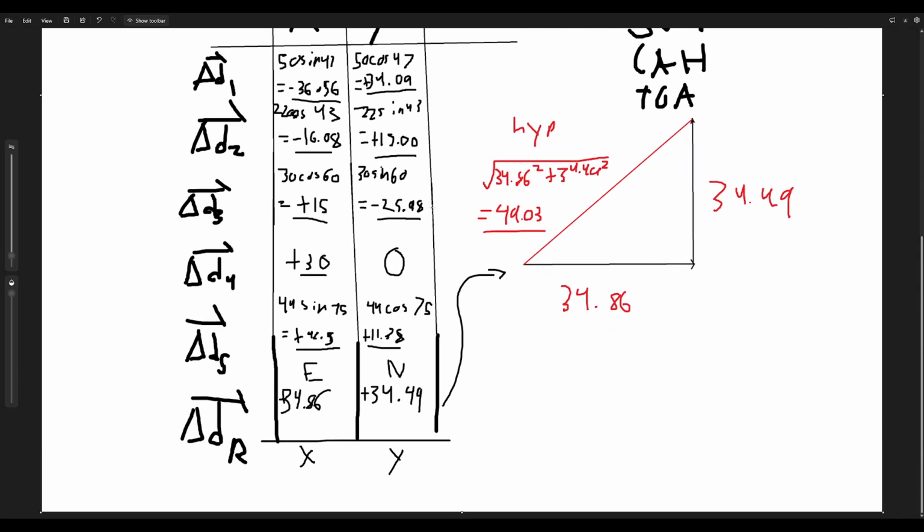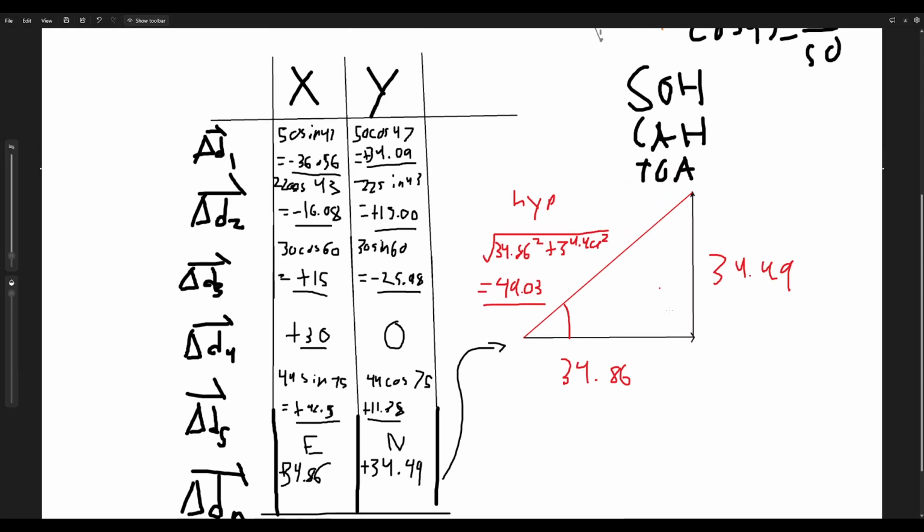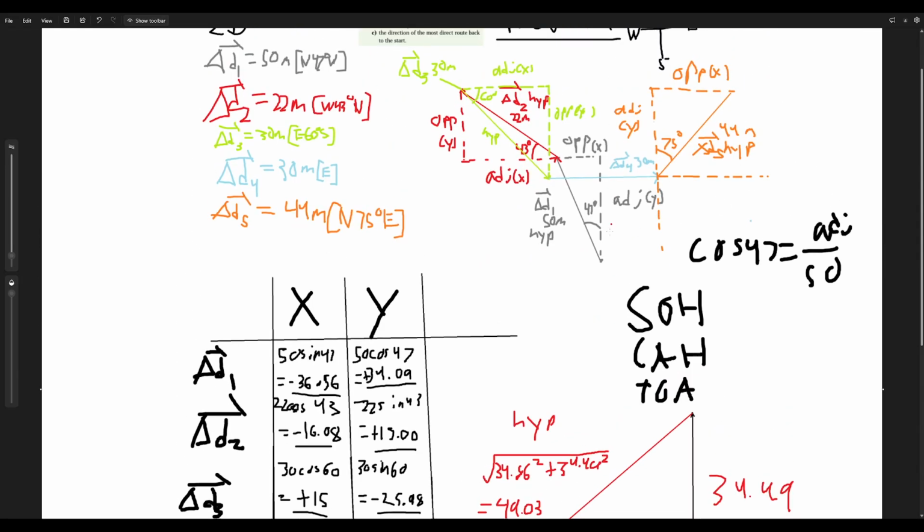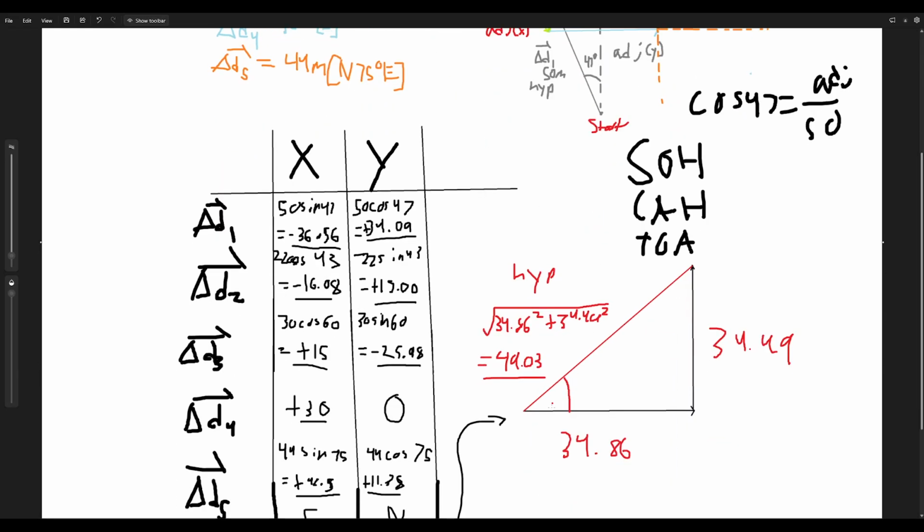To find the total displacement, displacement is a vector, so you'll have to have direction with it. So we're going to find what this angle is. Basically what I like to imagine this triangle to be is if you look at the starting point, which is here, and the ending point, which is here, this triangle is a more accurate representation of how much they really traveled.